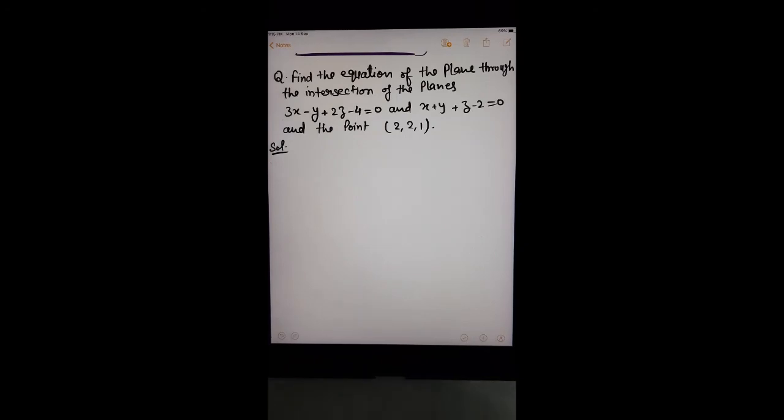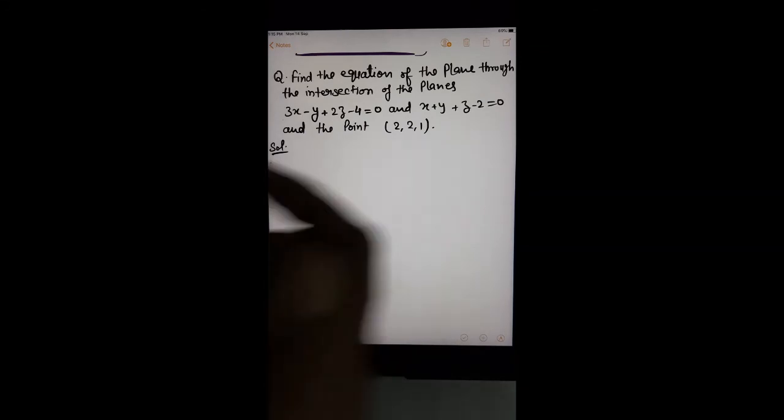The question is, find the equation of the plane through the intersection of planes 3x minus y plus 2z minus 4 equal to 0 and x plus y plus z minus 2 equal to 0 and the point (2, 2, 1).